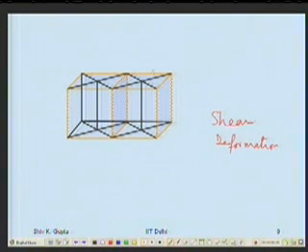Well, if I consider this to be the c-axis for the martensite, this is, let's say, the A1 axis, and that's the A2 axis. And if you want to name your FCC lattice, you can call this the B axis and that the A axis.